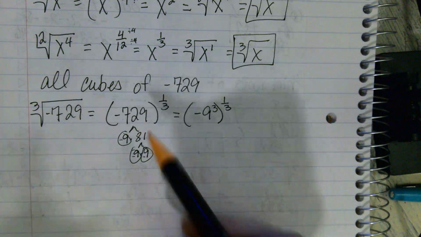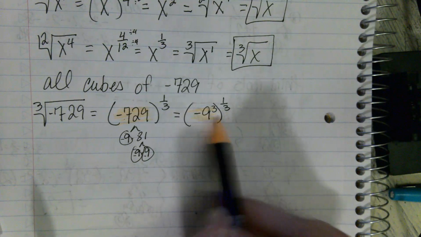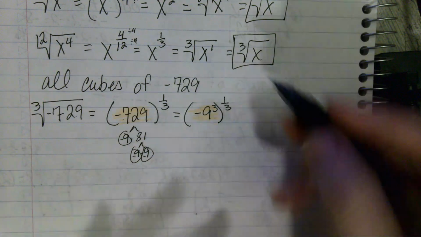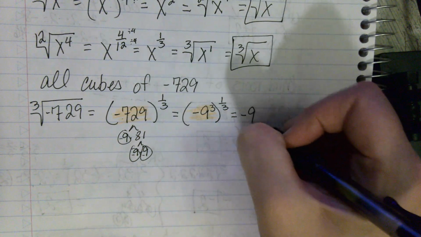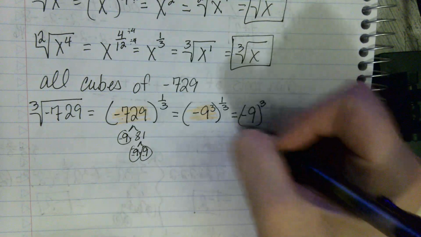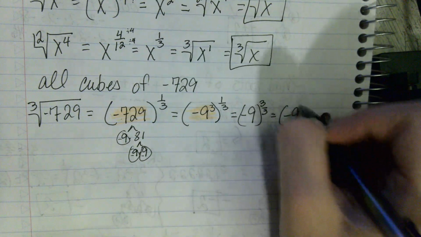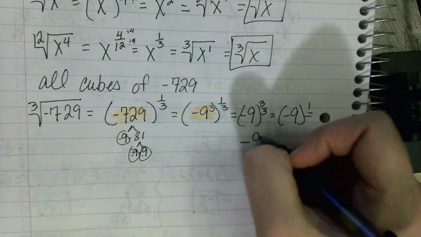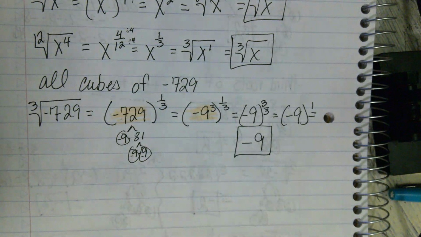So what I'm saying is this negative 729 becomes negative 9 to the third power in exponential form. Now, a power to a power rule means I would multiply, so I'd get negative 9 to the 3 over 3, which is negative 9 to the first power. So therefore, all cube roots of negative 729 are negative 9.